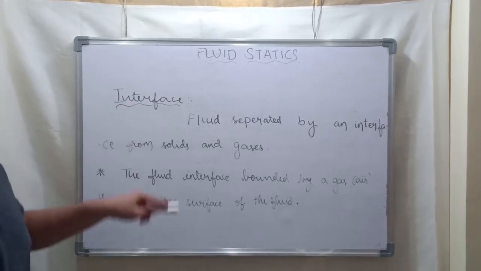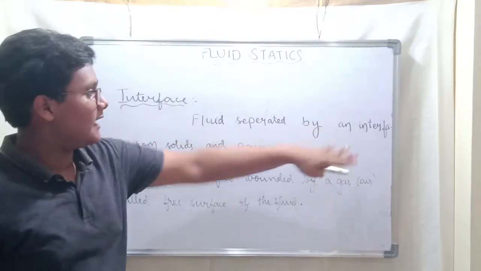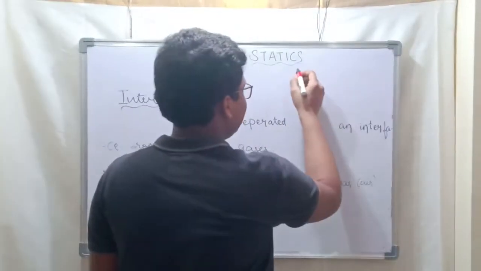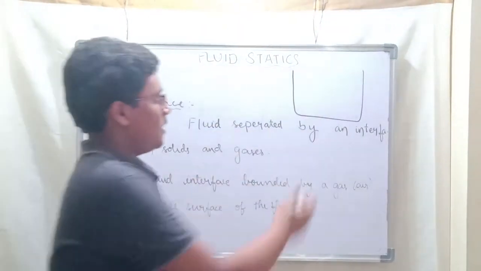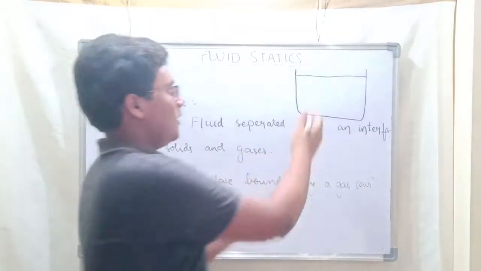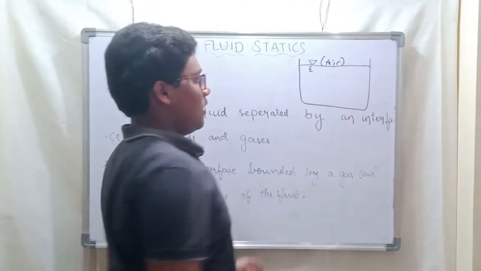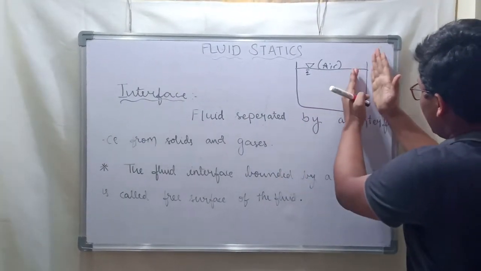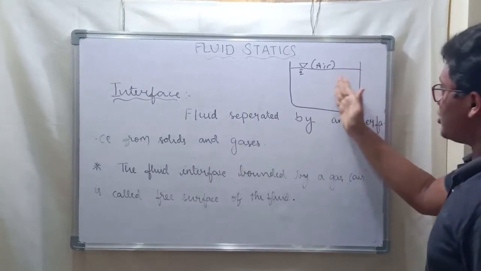Now, interface. A fluid is separated by an interface from solids and gases. Let's take a glass with liquid inside it, and this is air. Now this liquid is touching this solid, the glass, so this is a solid interface of the liquid.